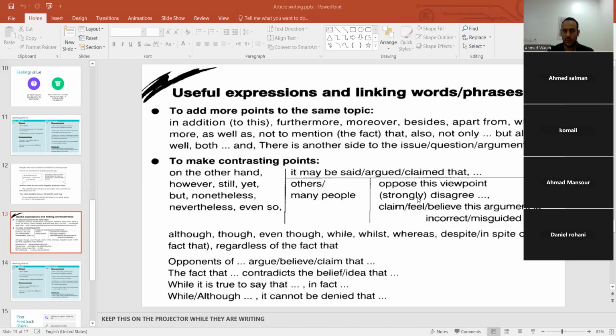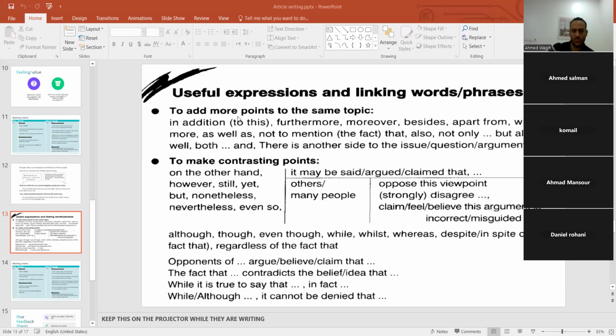Others or many people oppose this viewpoint or strongly disagree with it, or claim or feel or believe that this argument is incorrect or misguided. You can use these words as well: although, though, even though, while, whilst, whereas, despite, in spite of, regardless. Opponents of this topic might argue that, and many linking words that you can use.